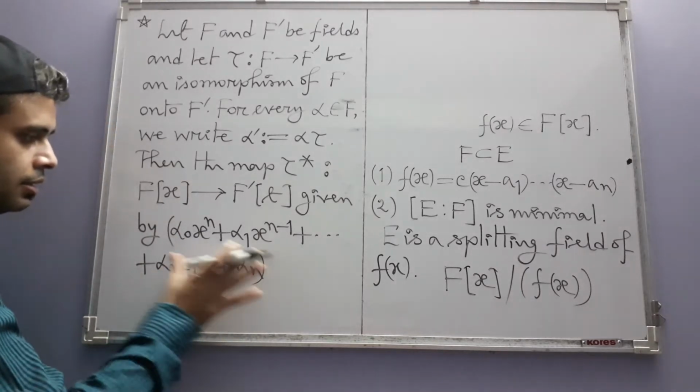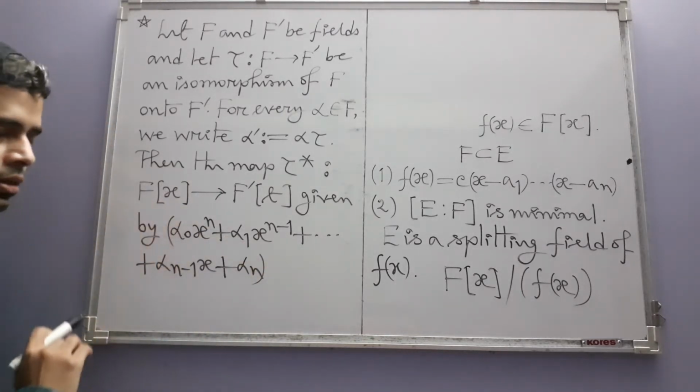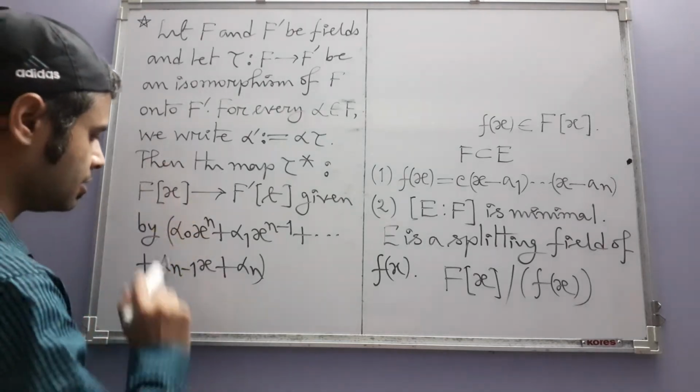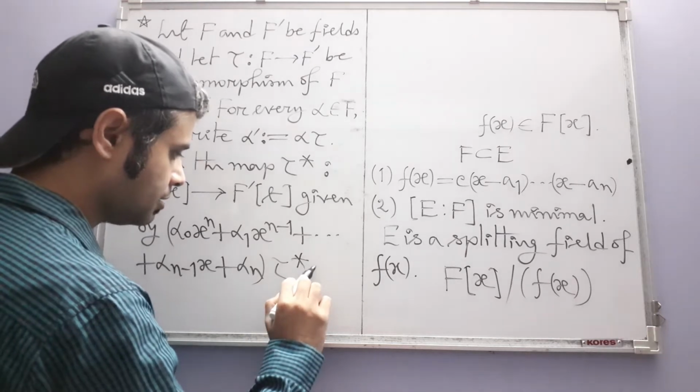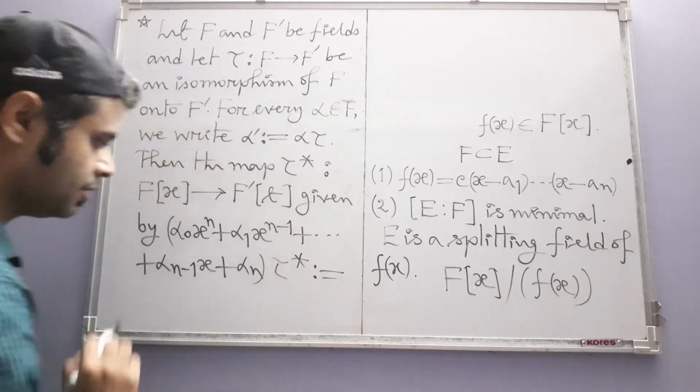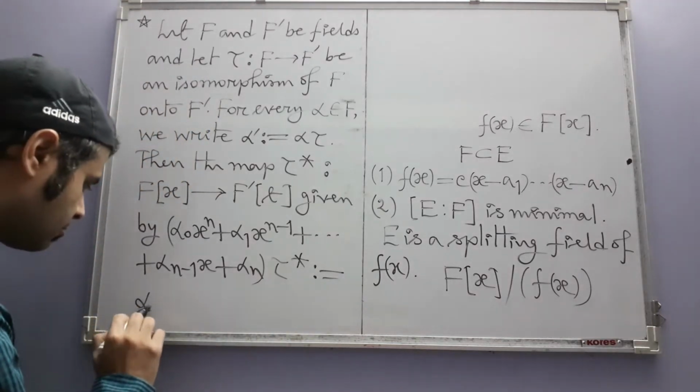So this is any polynomial in x over F, that means an element in this polynomial ring. Its image under tau star has been defined to be this.